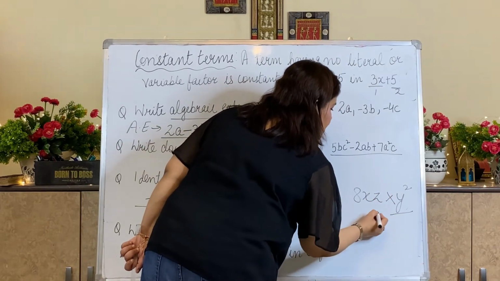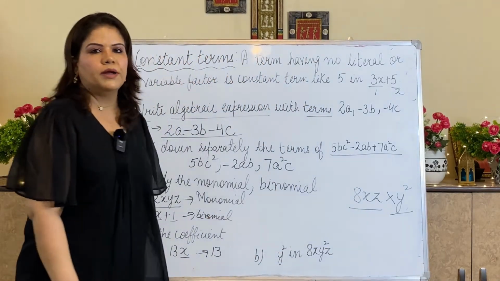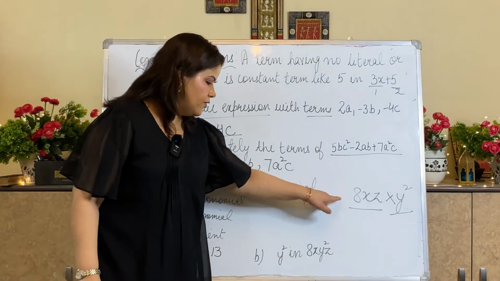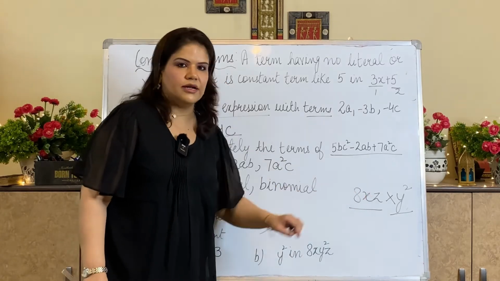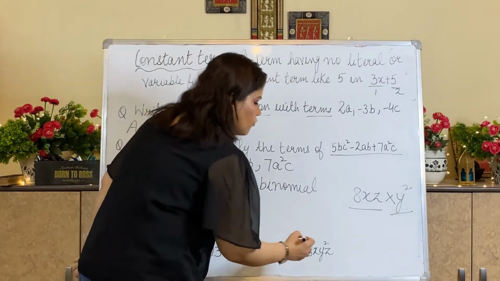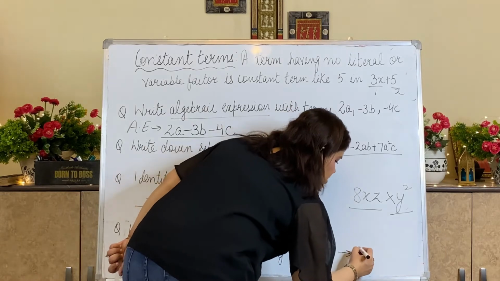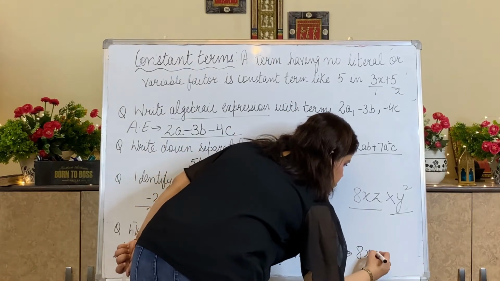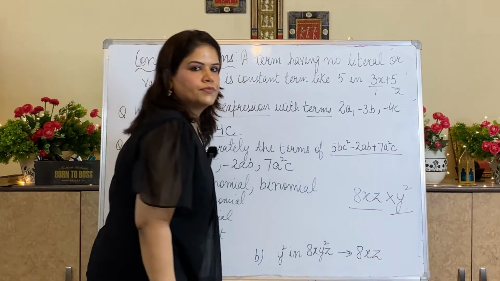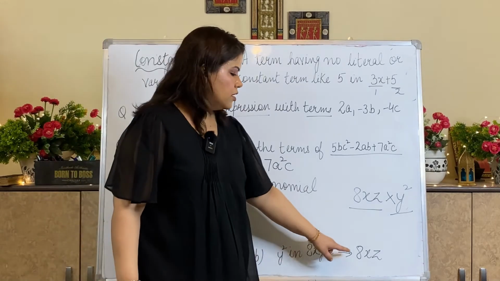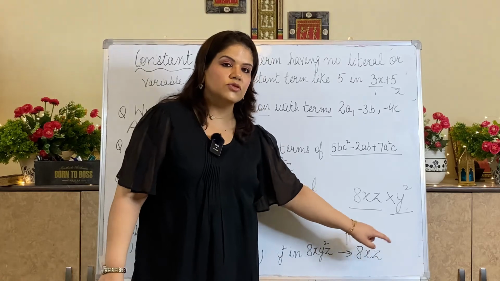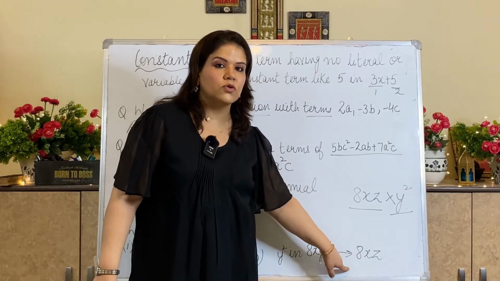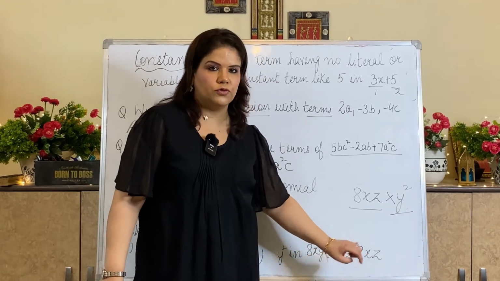Now I have separated y square from it. Whatever has been left, I have written here: 8xz. So my coefficient of y square is 8xz. And this has a numerical part and a variable part, so this will be my variable coefficient or literal coefficient.